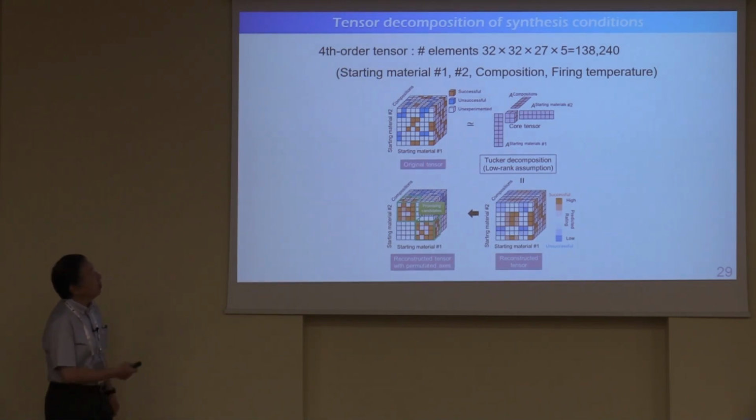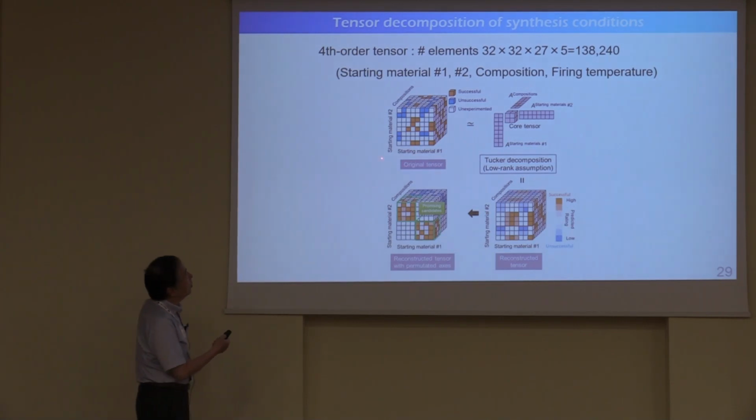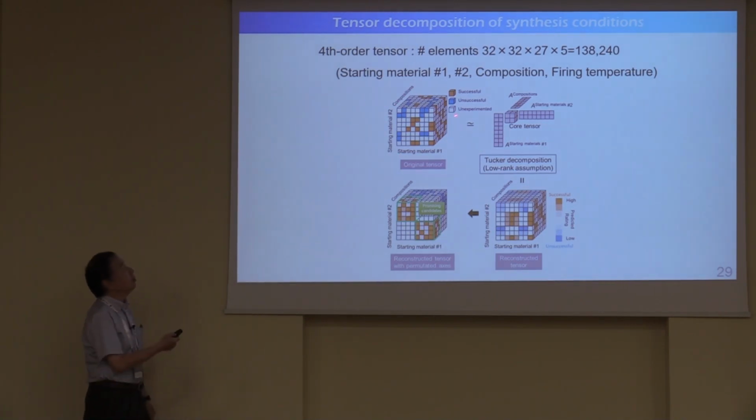This is fourth order, but let me explain third order. This is starting material number 1, starting material number 2, and composition. If the result is successful, we get this orange one here. If it is not successful, then we get an unsuccessful blue one here. This corresponds to the scores +1 and -1.